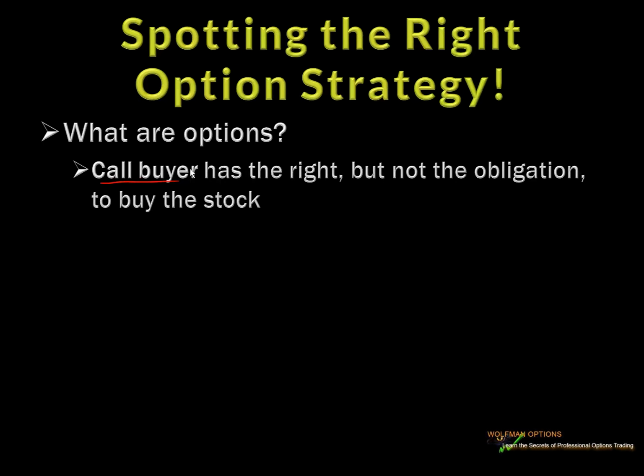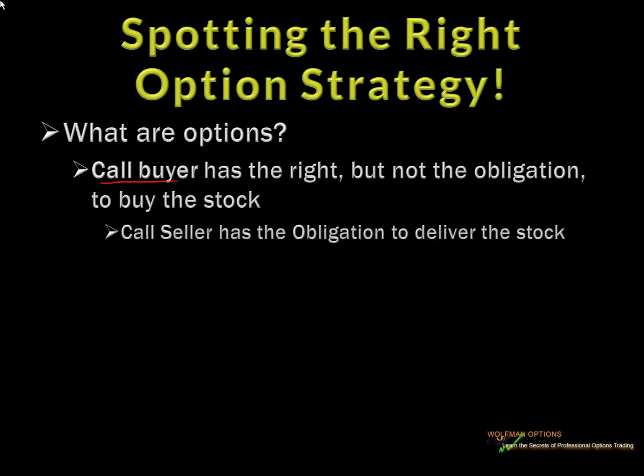All right. So that's where, if you decided I want to buy this stock, you would literally be buying the stock at the strike price that you own. The seller of that call option on the other side of the trade has the obligation to deliver that stock. So if you don't have the stock, then you are short the stock. You're going to have to borrow the stock to be short.